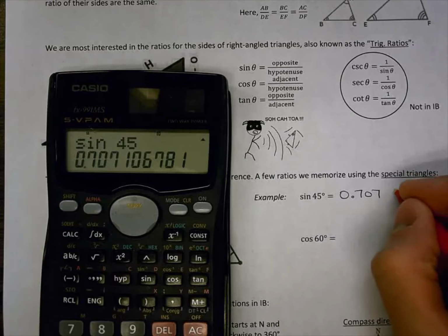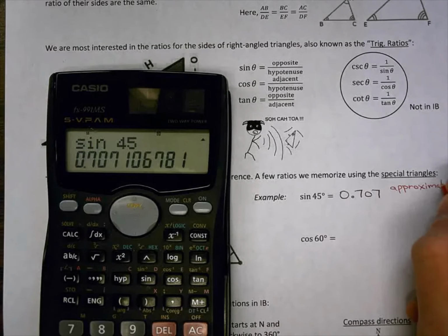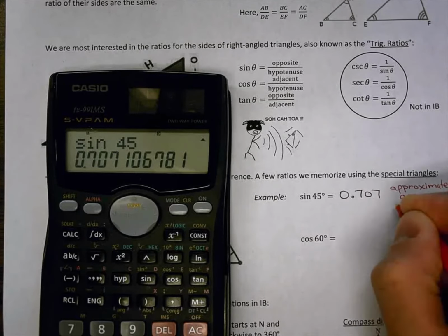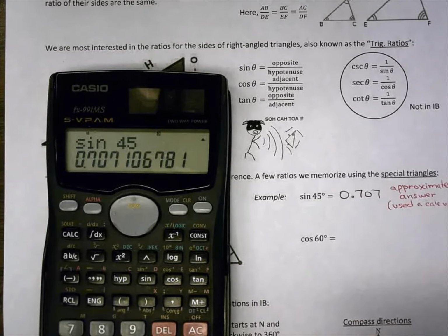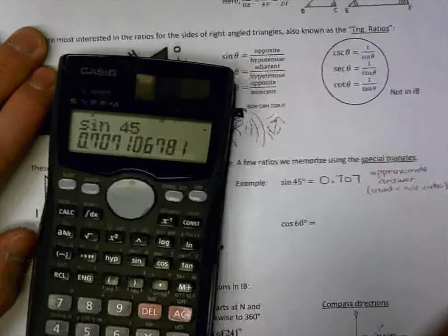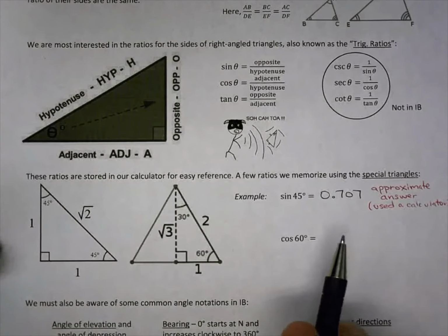This is called an approximate answer, which means basically that you used a calculator and you had to round it. So it's not ideal from a math perspective, but if you have a calculator exam, this would be an acceptable answer. It's rounded to 3 sig figs.